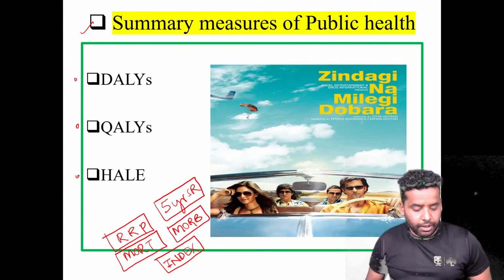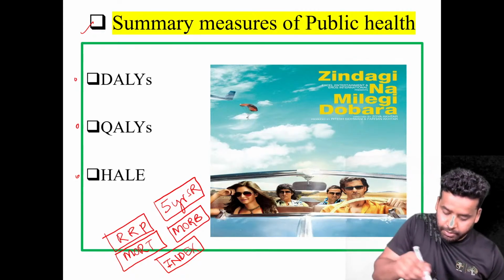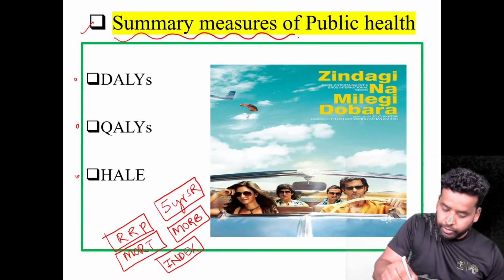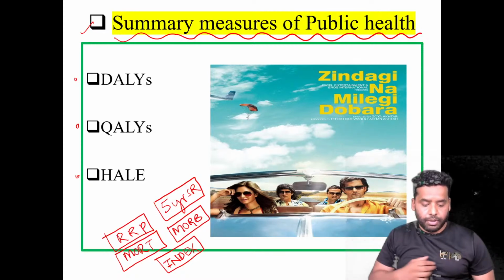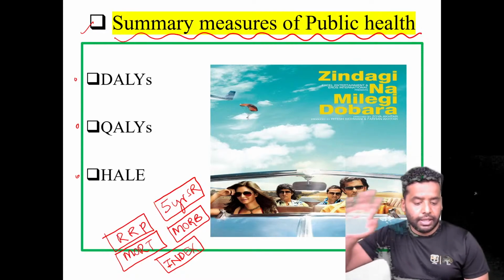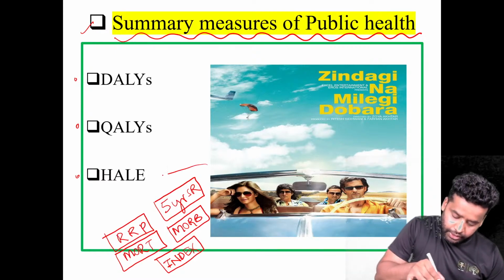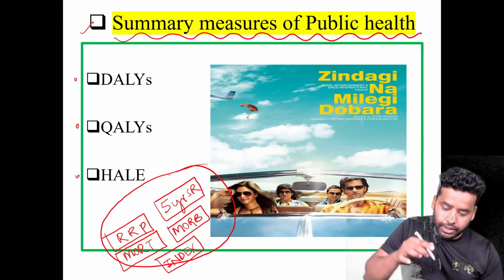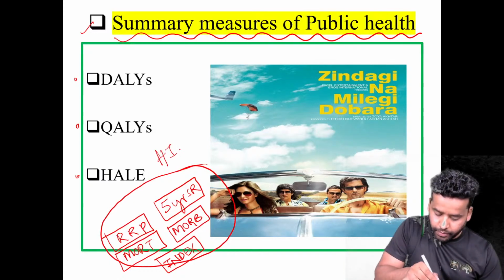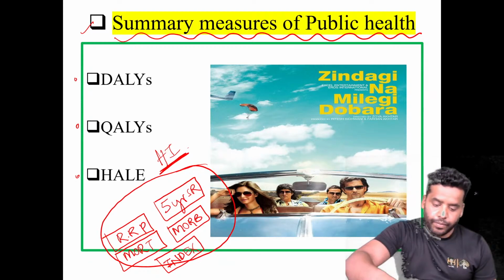So in this chapter, one more subheading is left. This will be the last subheading in this chapter. So we'll be finishing it after the break. Then we'll go to the next chapter. So chapter number 1 is health indicators. Within health indicators, we are discussing all these subheadings: rate, ratio, proportion, dropout rate.